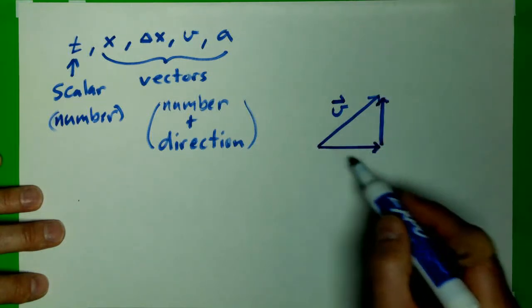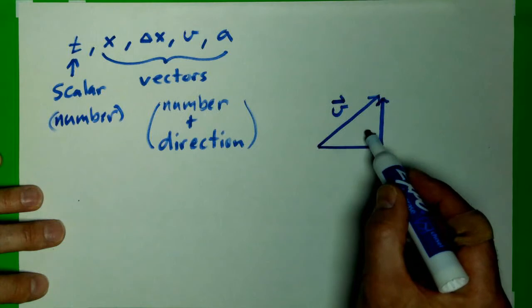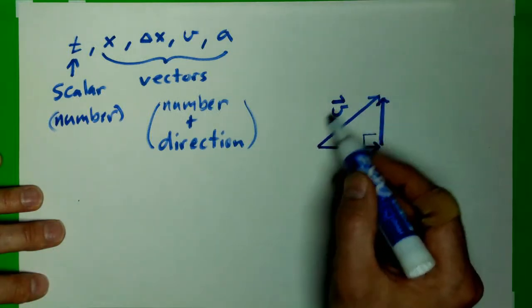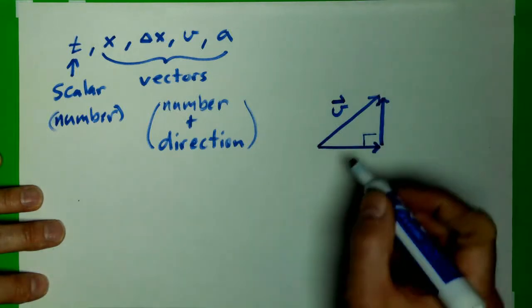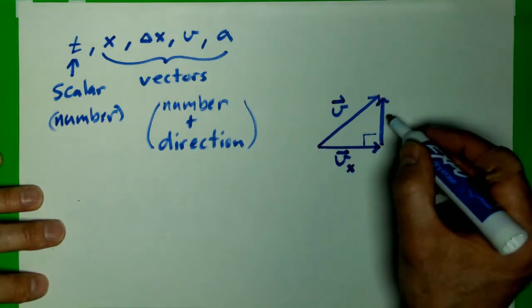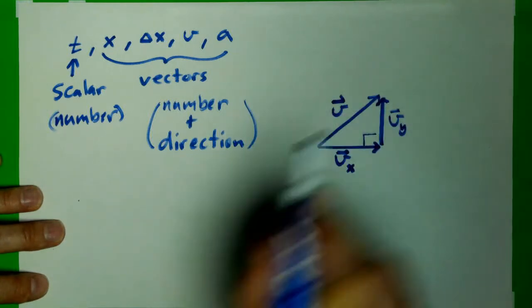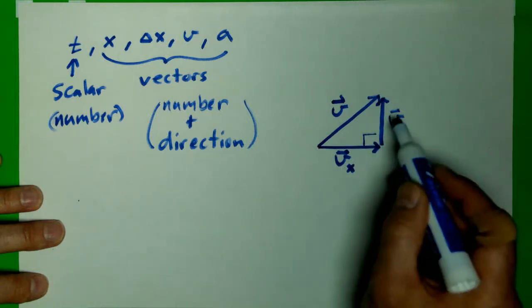I could draw them like that, where the x and y are at 90 degrees to each other, and the total velocity is always the hypotenuse. So our Vx, which I'm going to put as a vector since we're using them to add up to be this full vector, these would then add up to be that.